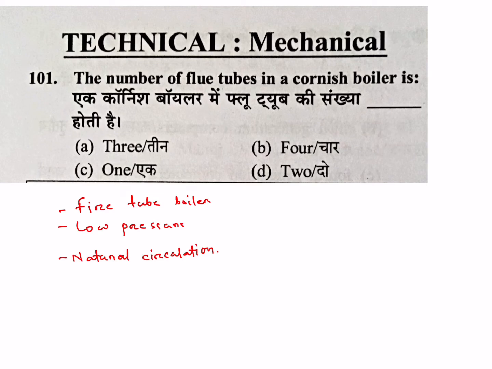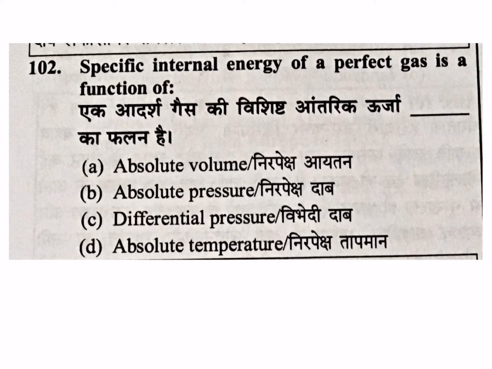Question is number of flue tubes. Number of flue tubes in case of your Cornish boiler, it's 3. You have to remember this one. Cornish boiler is a fire tube boiler, natural circulation. These two things are important. And number of tubes, it's 3. Answer is A.